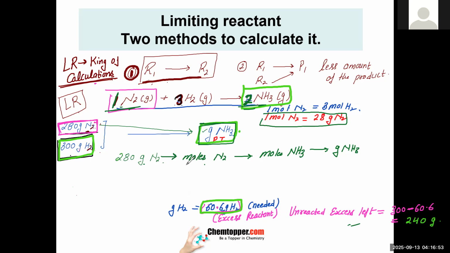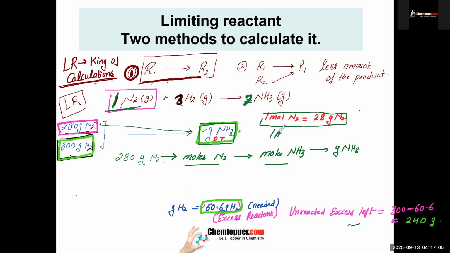To go from moles of N2 to moles of ammonia, what is the ratio which I should use? 2 moles of NH3 for 1 mole of N2. Very good. Then from moles of ammonia, how can I go to grams of ammonia?